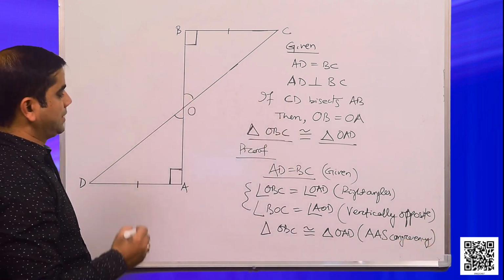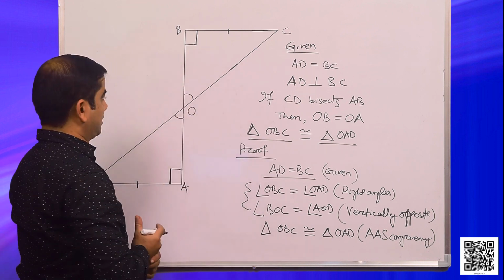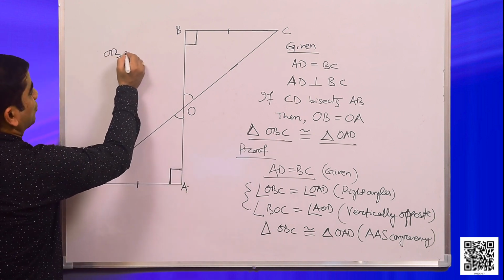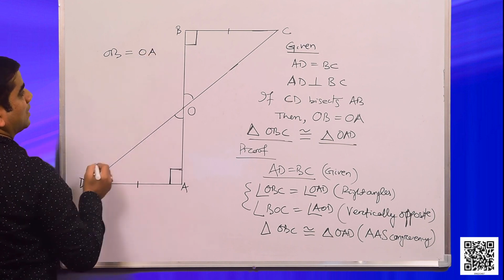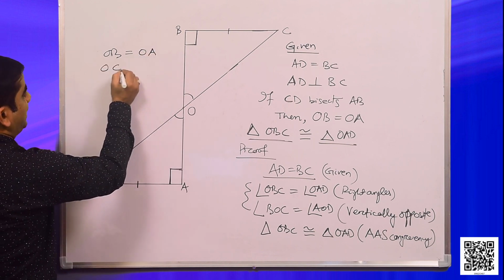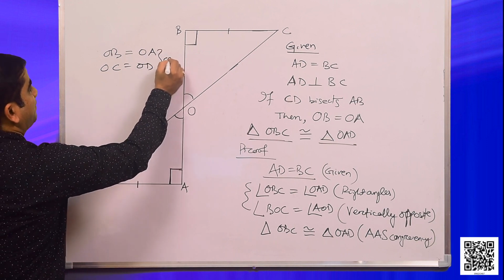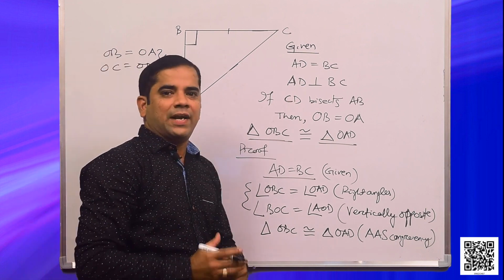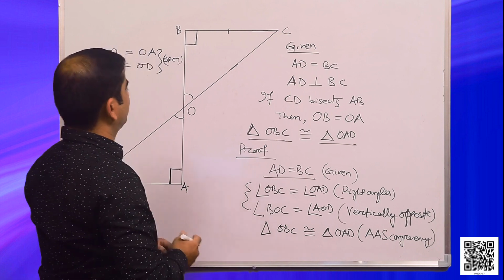Now, as both the triangles are congruent to each other, we can say that OB is equal to OA as well as OC is equal to OD. Why? CPCT. So, in this way, we have proved that CD bisects AB.